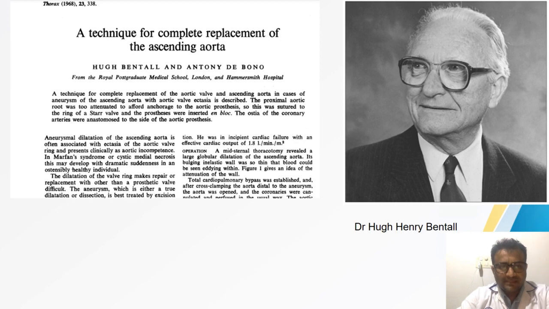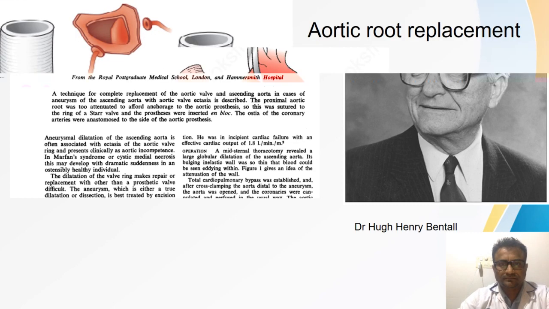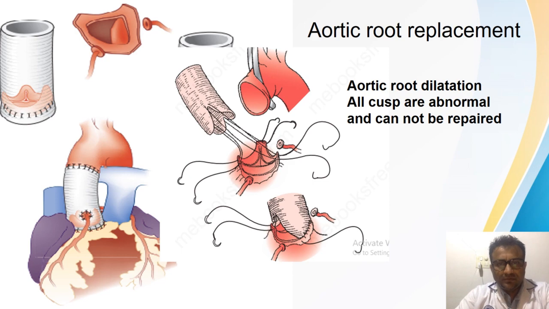This is his first article showing the technique of aortic root replacement with valve conduit. Aortic root replacement was a surgery invented by Bentall and De Bono. This surgery is done when the aortic root is not repairable.